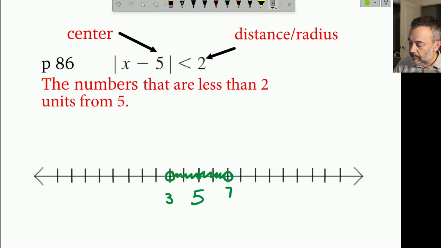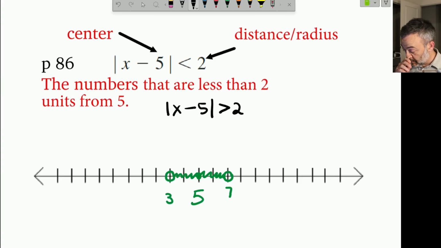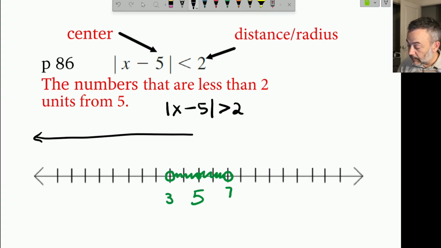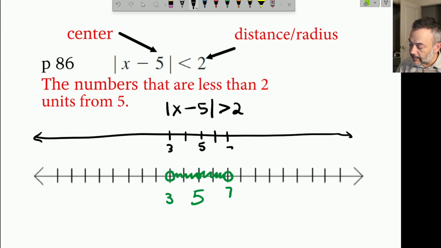By the way, just so we have a nice drawing, if I were to do the absolute value of x minus 5 is greater than 2, so I only changed the inequality, I didn't change the numbers, that graph would look like this. 5, and we go 2 units to the right and 2 units to the left to 3 and 7.